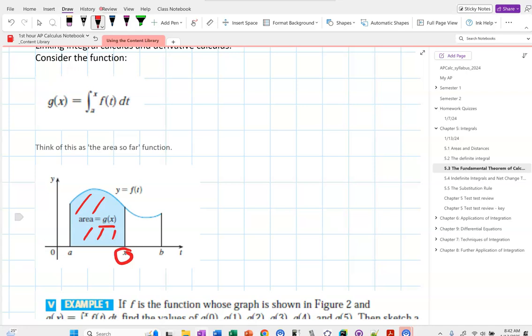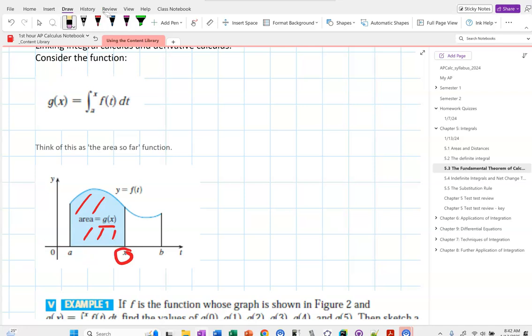So when x is 1, it's something. When x is 2, it'd be a little more in this case. When x is 3. Does everybody feel okay? I should really say a plus 1 and a plus 2 and a plus 3 because it's starting at a. We don't know what a is. So far, so good?